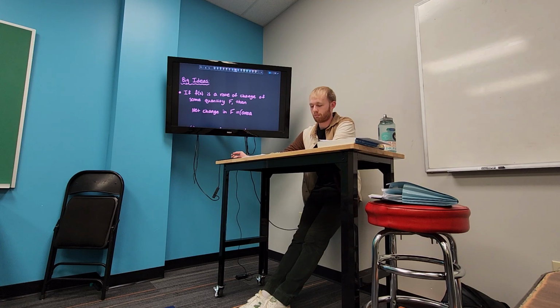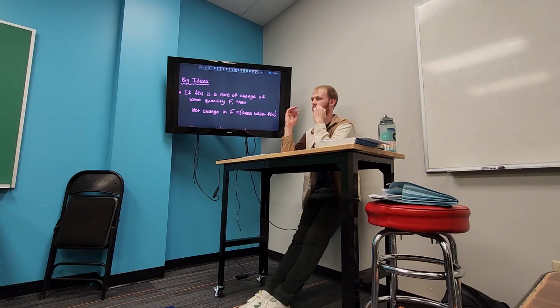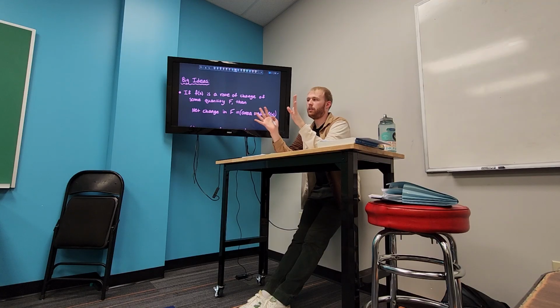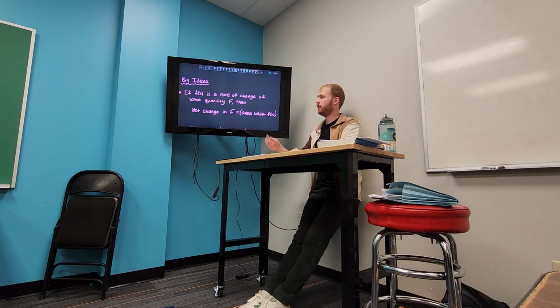Oh, area. Area under f of x. Yes, good. Area under f of x. Okay? That's really the big idea of this whole next 3 weeks. The next 3 weeks are all about this. Your net change in f is going to be the area under f of x.